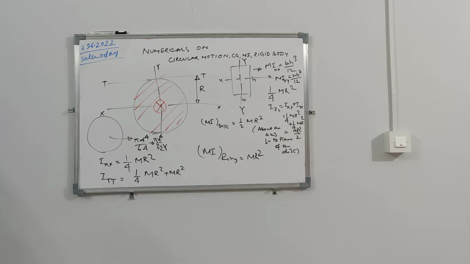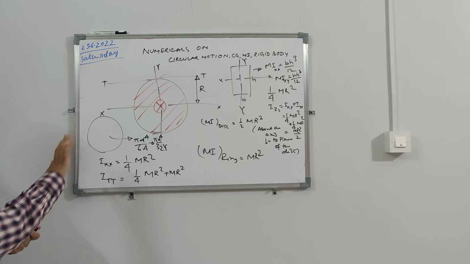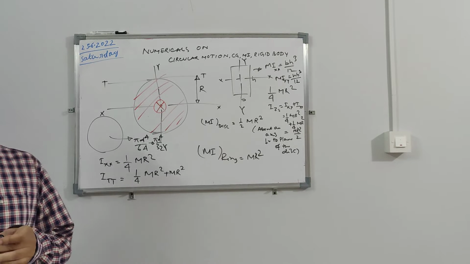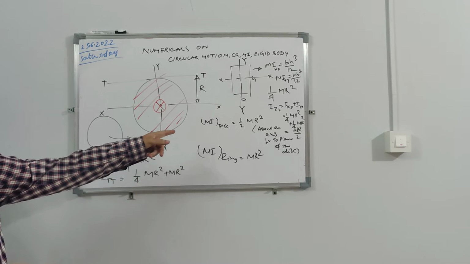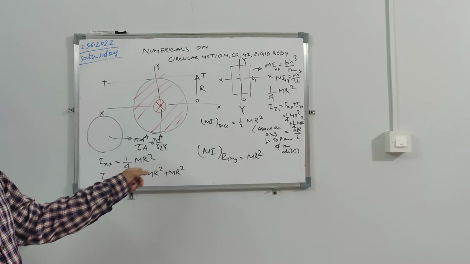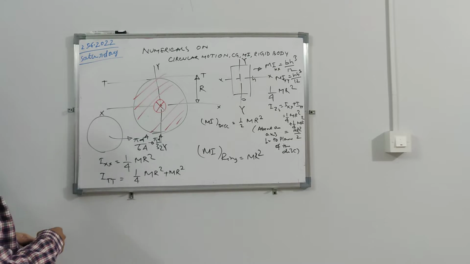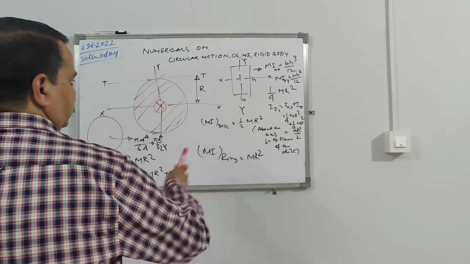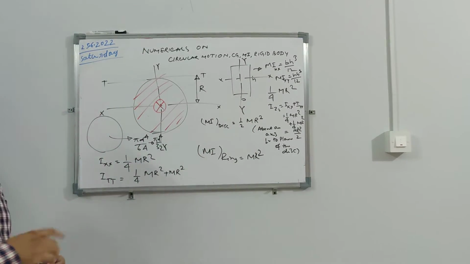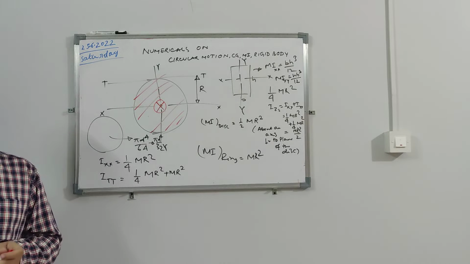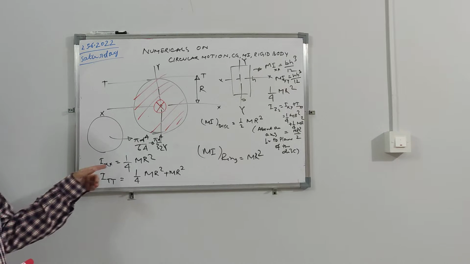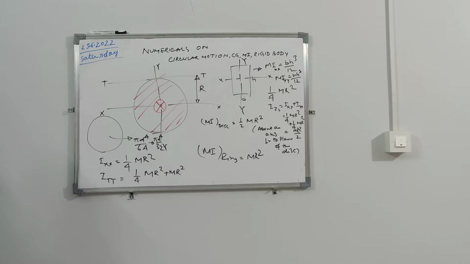So we have just given a recap of moment of inertia. We were confused about this one: for a disk, it is half mr square about an axis perpendicular, and about the diameter, it will be 1 by 4 mr square.